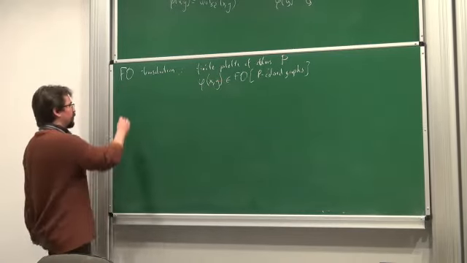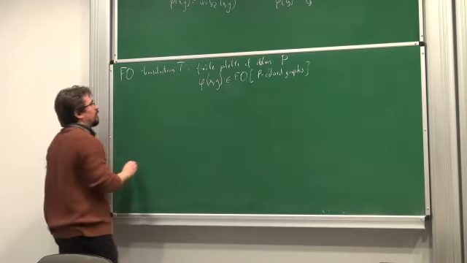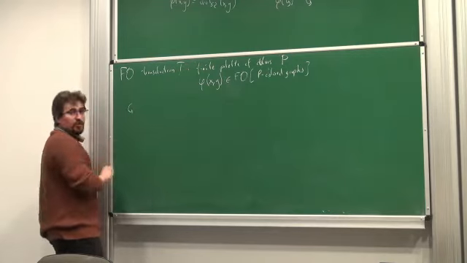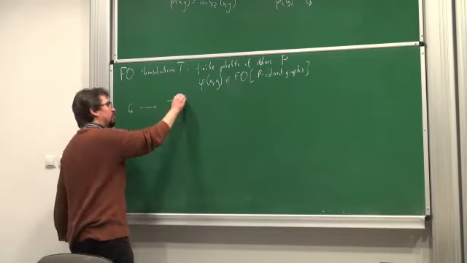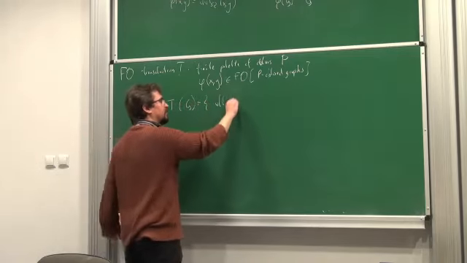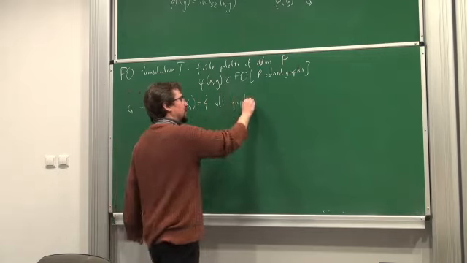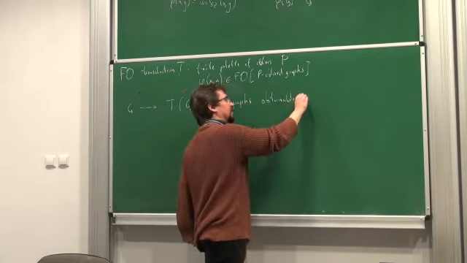So now I have a transduction T. If I have a graph G, then I can apply my transduction T to G and get a set of all graphs obtainable as follows.